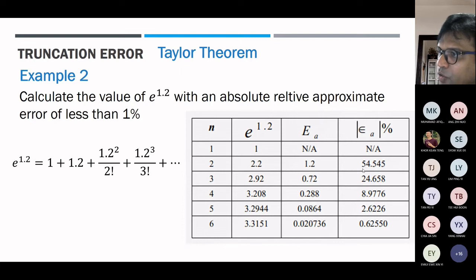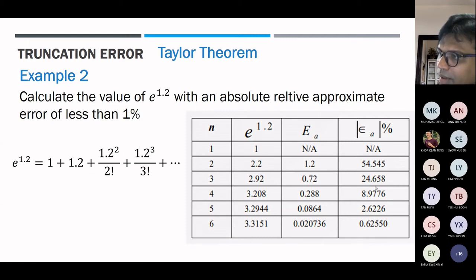You can see that as n increases, the terms increase, so the percentage error is reduced and the accuracy improves. When n equals 2, you get a 54.5% error. When n equals 3, you get 24.65% absolute error.